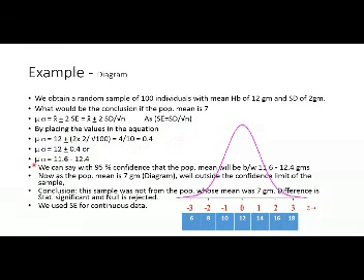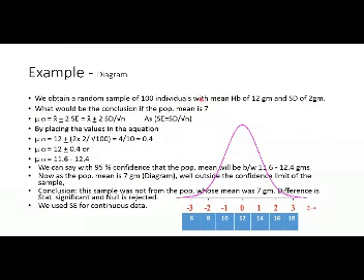Now for this confidence interval, the mean of the population would be between 11.6 and 12.4. We can say with 95% confidence that the population mean will be between 11.6 and 12.4. Now the population mean, that is 7 grams. What would be the conclusion if the population mean is 7?